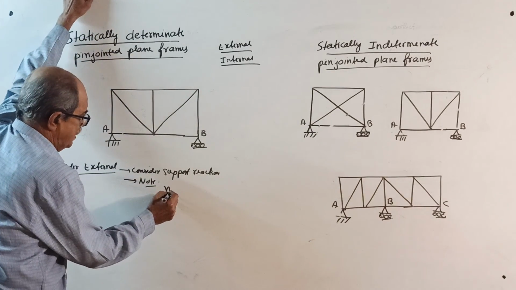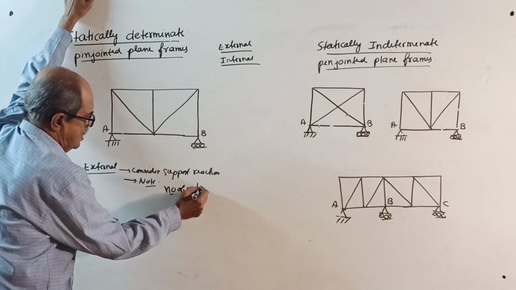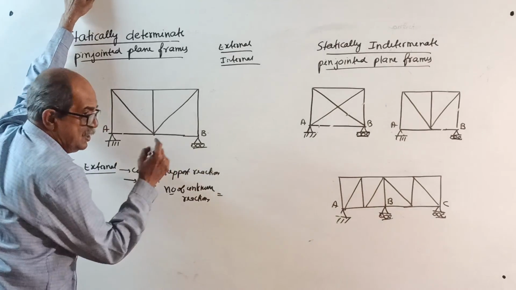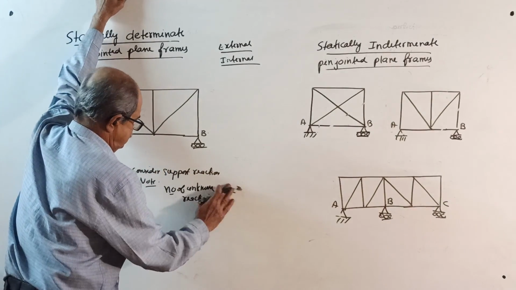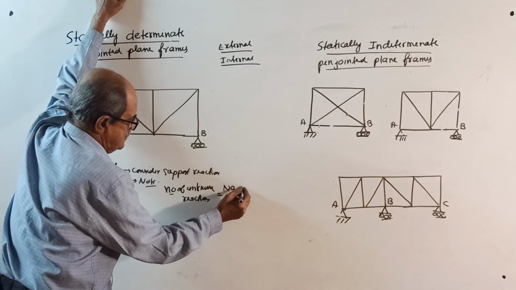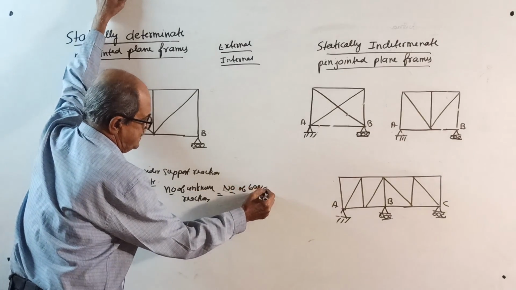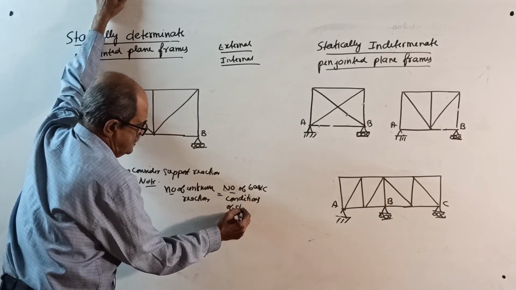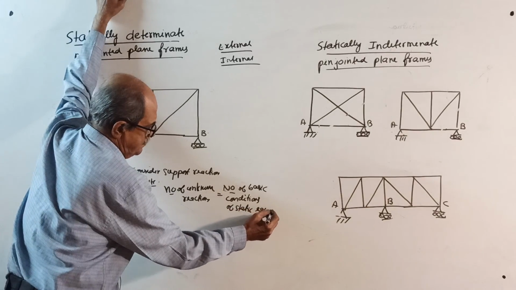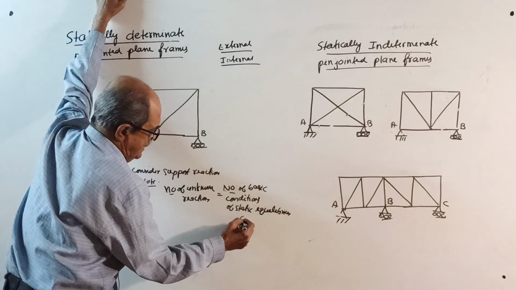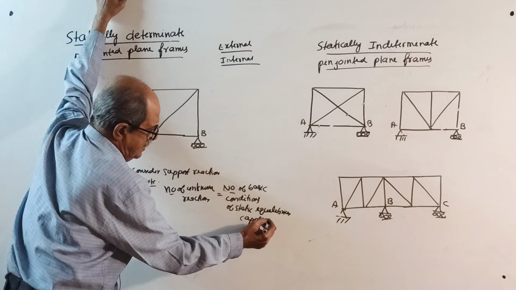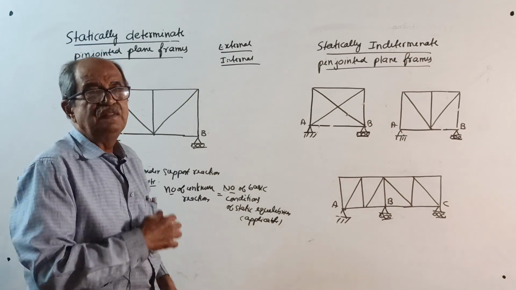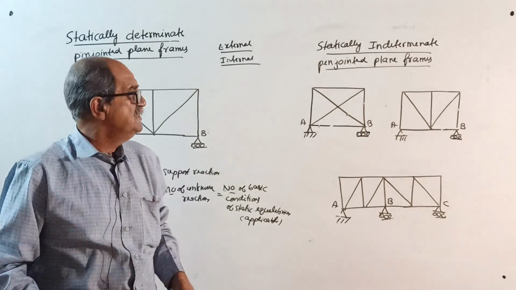Then the number of unknown reactions should be equal to the number of basic conditions of static equilibrium. Then one very important term is there, applicable. The term applicable I will discuss later. Right now not required. If the number of unknowns is equal to the number of equations, it is called determinate.